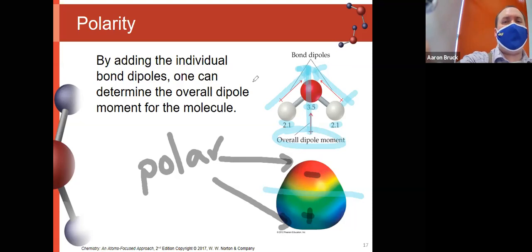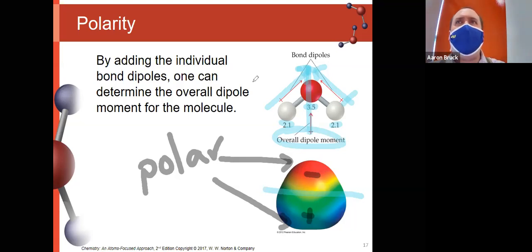And that sets that apart as different from the carbon dioxide that we looked at in the first example, because the carbon dioxide did not have any of that. There was no net negative and no net positive. We had negatives at both ends and positive in the middle. And if it was bent, then we could say, okay, well, the negatives are on the bottom and the positive is on the top. But since it was completely linear and there was no distortion, all that happened is that the negatives essentially canceled each other out. There's no net direction.